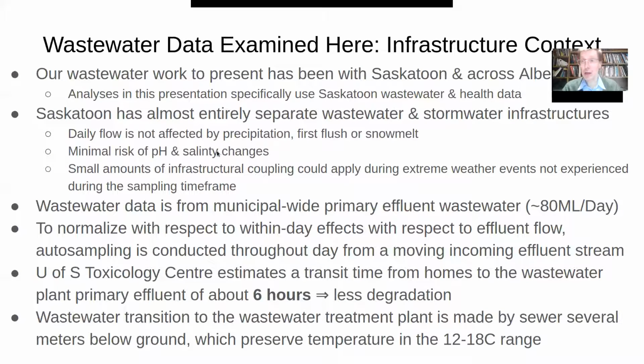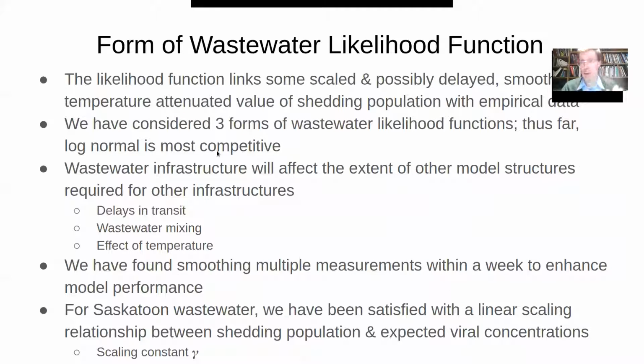In the Alberta context, we're encountering a bigger variety of municipalities, and we may be doing some adjustments in older cities. I expect quite a bit of adjustment. So the likelihood function is going to be linking some representation of the shedding population scaled in a certain way and possibly delayed, smoothed, or temperature attenuated with the empirical concentration data.